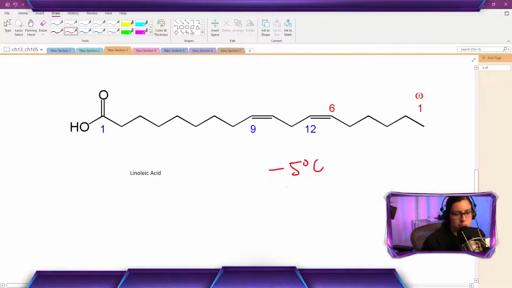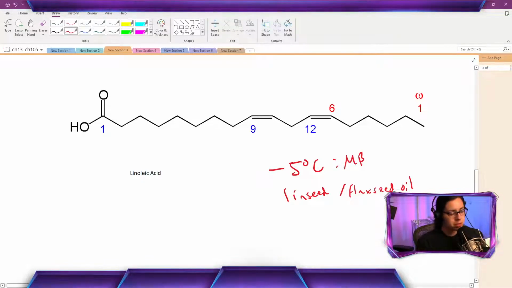So this is another plant derived, so it's linseed or flaxseed oil. But now what we care about is that it has 2 double bonds. And so now this disrupts that nice zigzag pattern even further. And so that's why it has an even lower melting point.